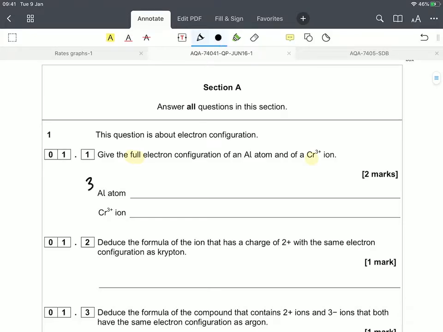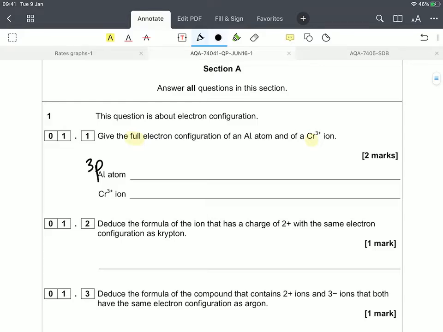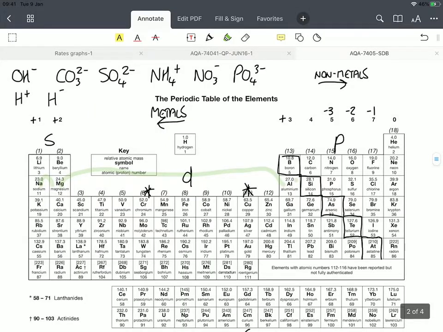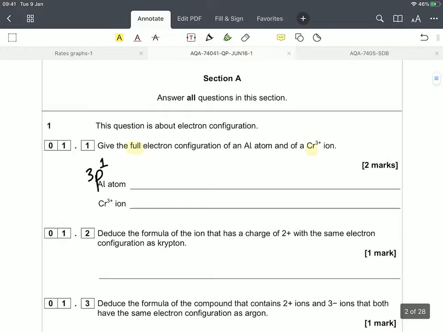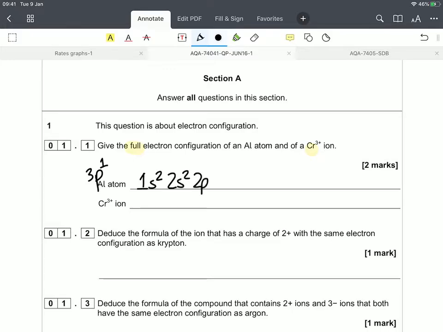We've just said that aluminium is going to have an electron configuration that ends 3p1, and then from that point onwards, everything else is full, and so you just fill out the remaining electron configuration. So 1s2, 2s2, 2p6, 3s2, 3p1.